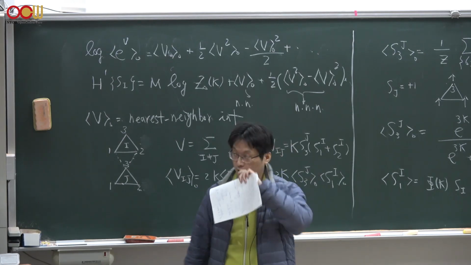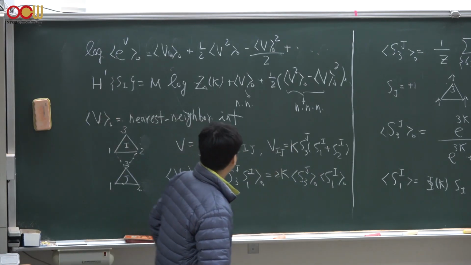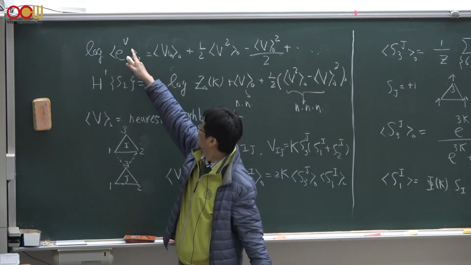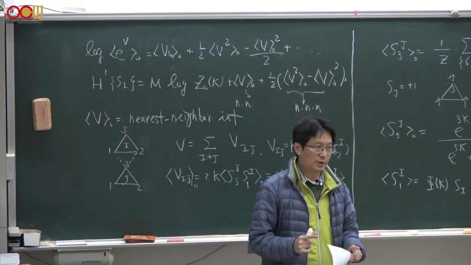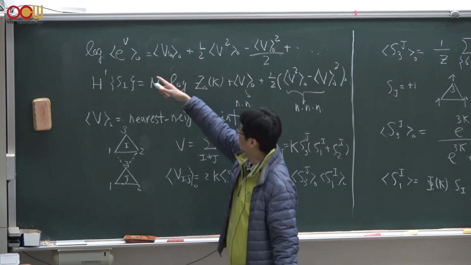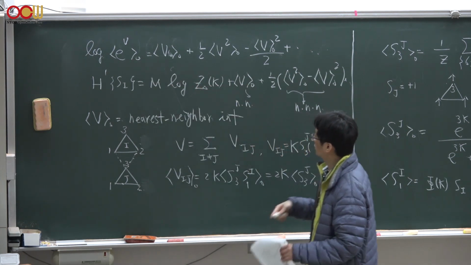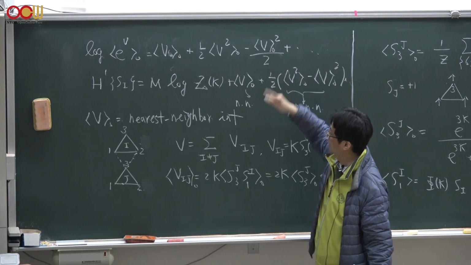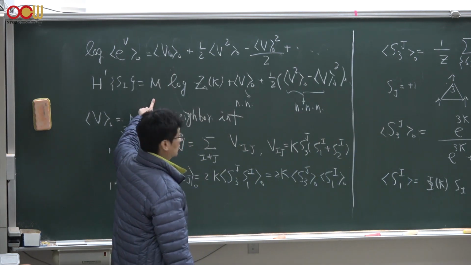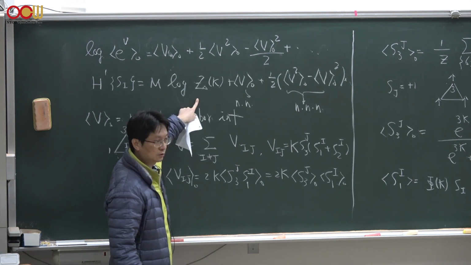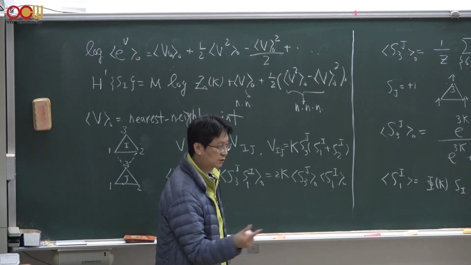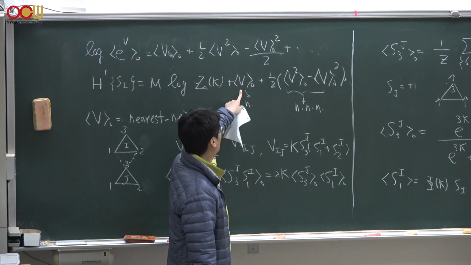Let's finish the calculation. We can estimate H prime by evaluating this logarithm of the ensemble average of e^V with respect to H0, and we can Taylor expand this log and then re-exponentiate this identity here to get H prime. H prime now becomes the zeroth order contribution of the block spin degrees of freedom, plus the interactions between blocks, which has two terms.